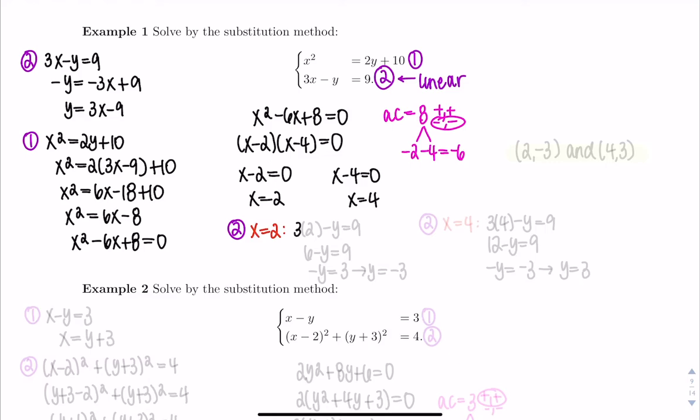We have 3 times 2 minus y equals 9. Well, that's 6 minus y equals 9, or negative y equals 3, which means that y equals negative 3.